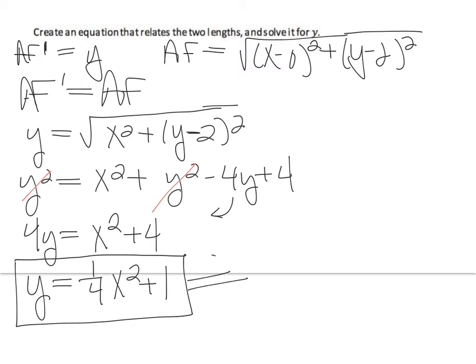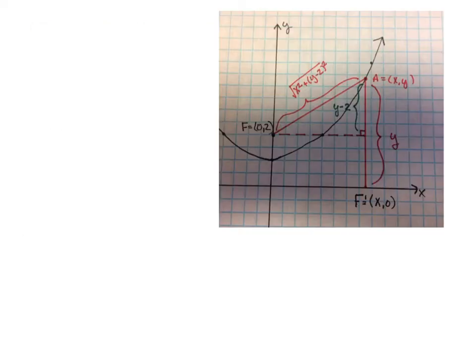If I graphed it, it would look just like the picture. If we can pause for a second, I just wanted to show you another drawing. We know that y is equal to the square root of x squared plus (y minus 2) squared. The length of this line is equal to the length of this line.